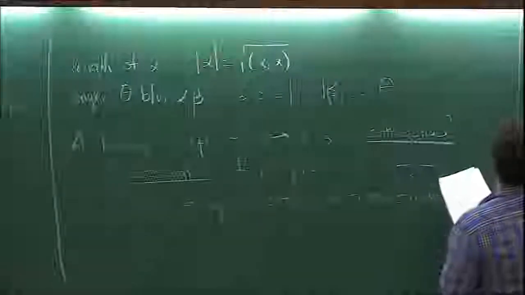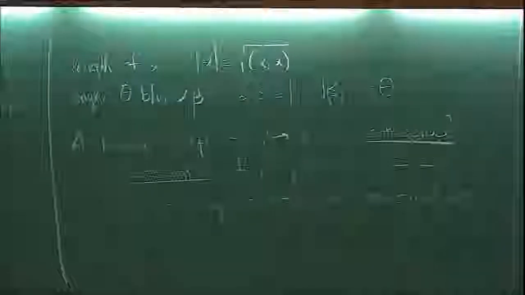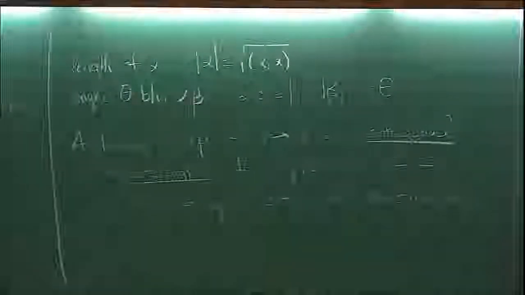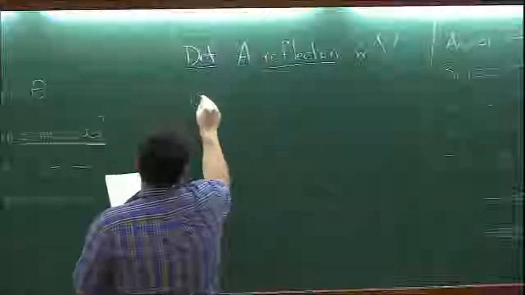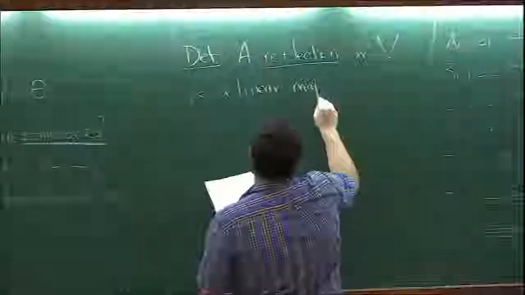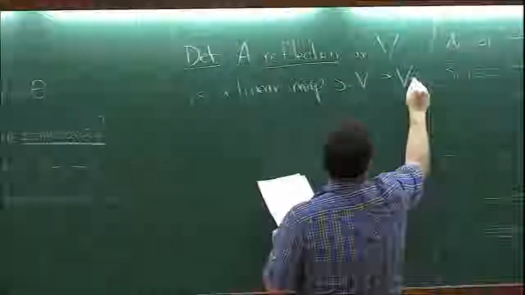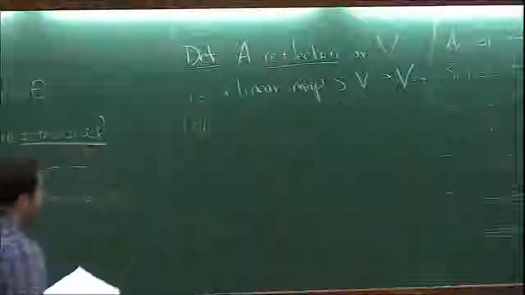So first I'll tell you what a reflection is, and then I'll tell you what a reflection group is. So on this vector space, I can talk about a reflection. So a reflection on this vector space V is a linear map, I'll call it S from V to itself, such that the following two conditions are satisfied.